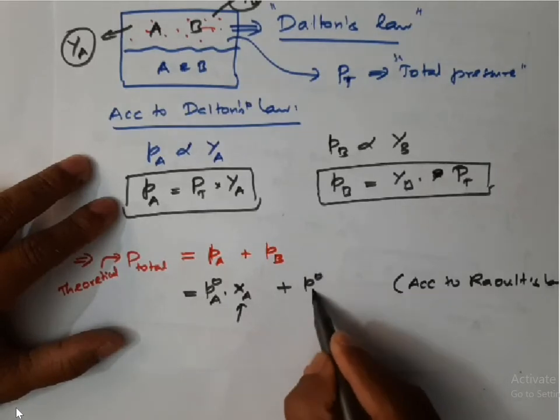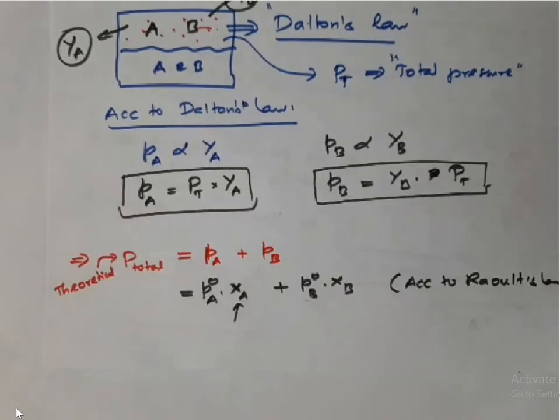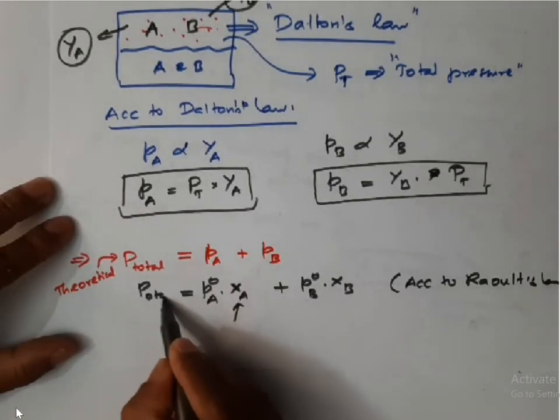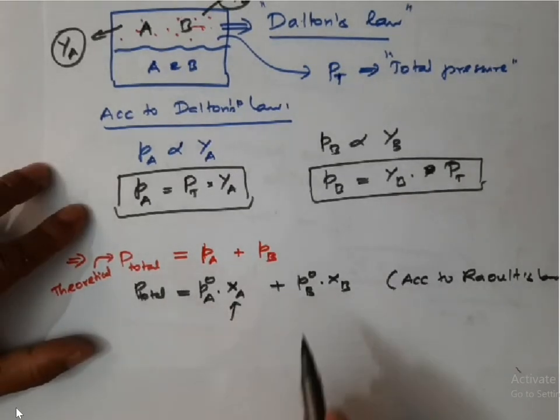PB is the vapor pressure of pure B into the mole fraction of B in solution. Correct? So this is called the total vapor pressure. Total pressure equals this.